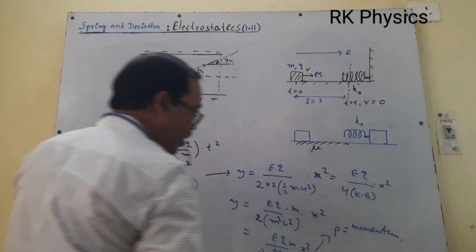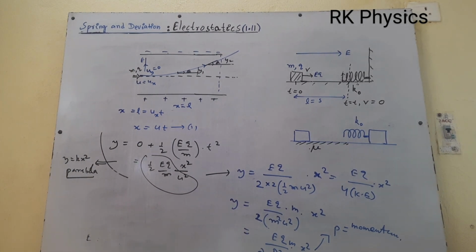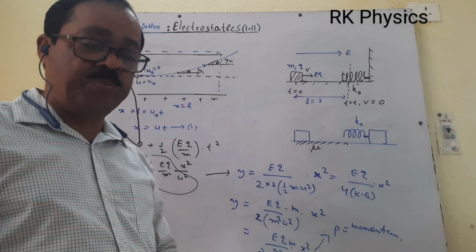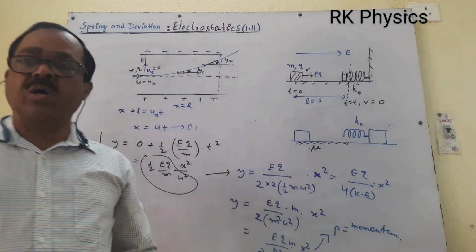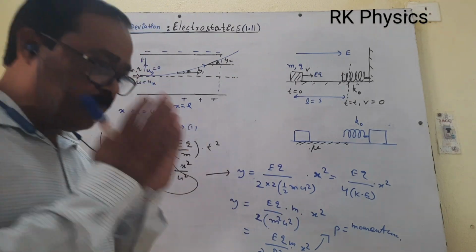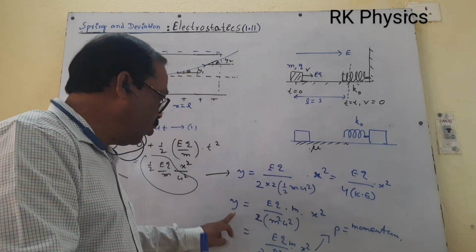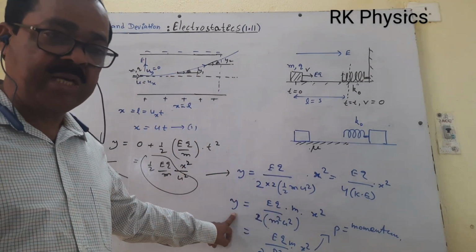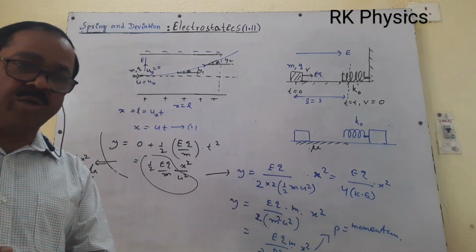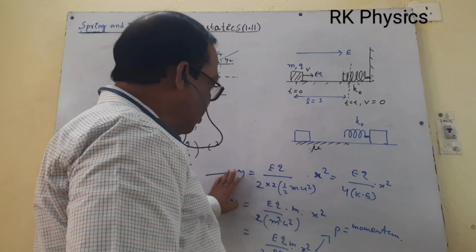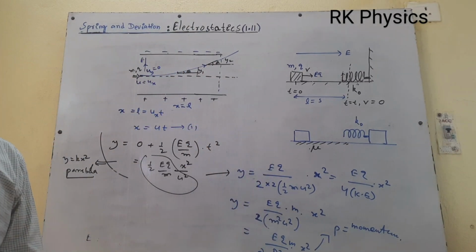If p is linear momentum, then y can be expressed in terms of p square; y is inversely proportional to p square. If you take the same two particles, either electron and proton or proton and alpha particle, both possessing initially the same momentum, then the deviation of which particle is larger? If y is large, deviation is large. If y is small, deviation is small. So these are the relations of vertical distance with respect to kinetic energy and momentum.